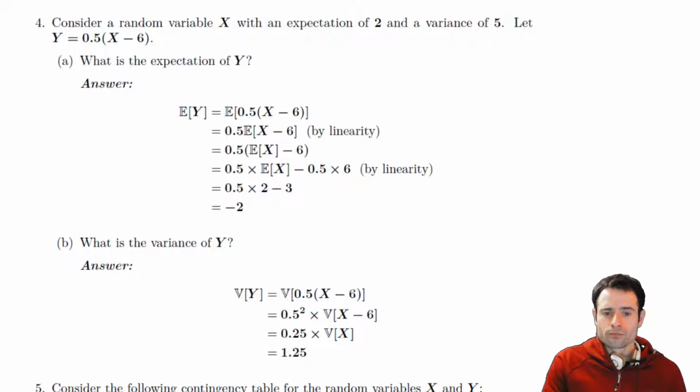Now, the expectation here applies to both x and 6. But since 6 is a constant, the expectation of it will be 6 itself, because it's always equal to 6. It is not a random variable. So, I can in fact just apply the expectation only on the x, and this is why I have the square brackets around the x only.